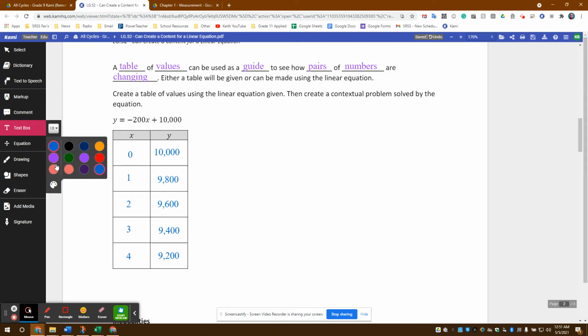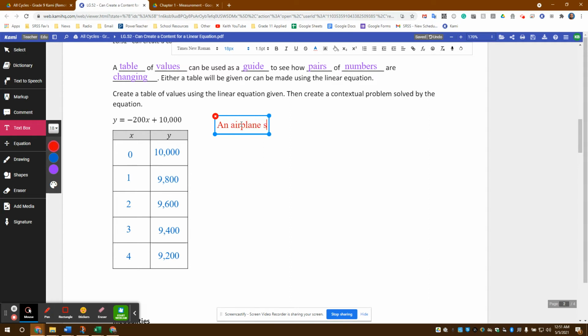We have to try to think of some sort of situation where we start with a big number and then it goes down by 200 every single time. I'm going to use the example of an airplane. An airplane starts to descend by 200 meters every minute.